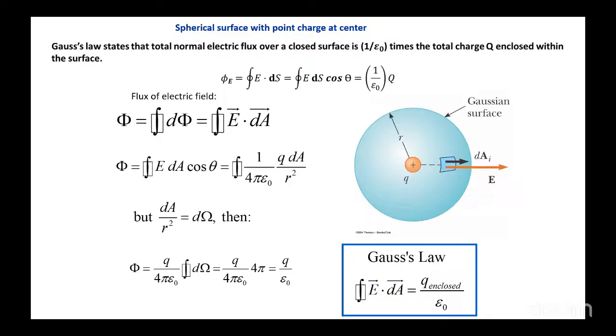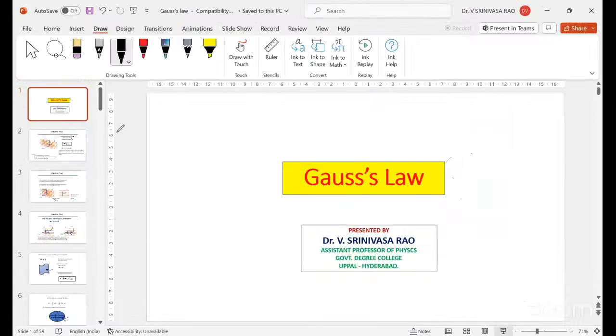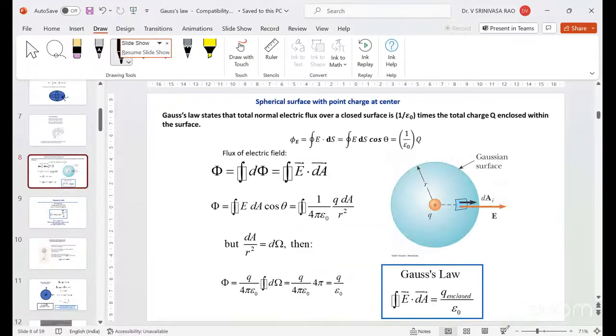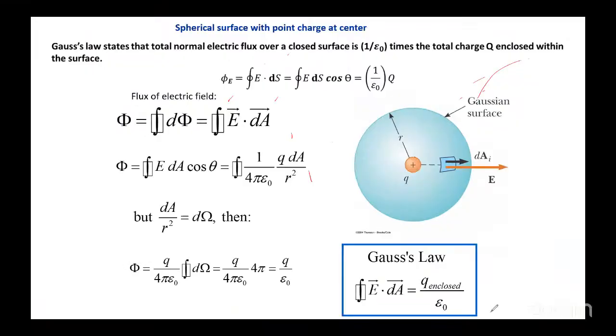So here the statement is indicating that the normal electric flux, which is denoted by phi e.